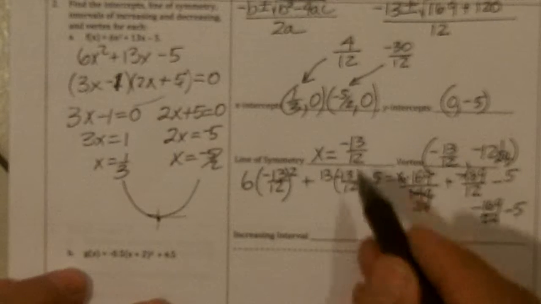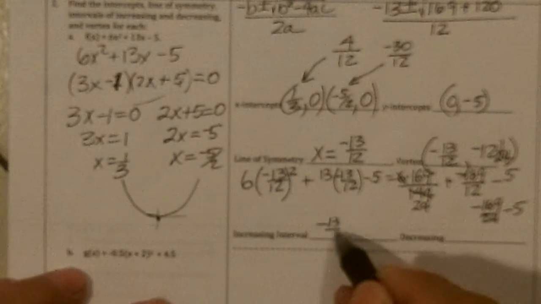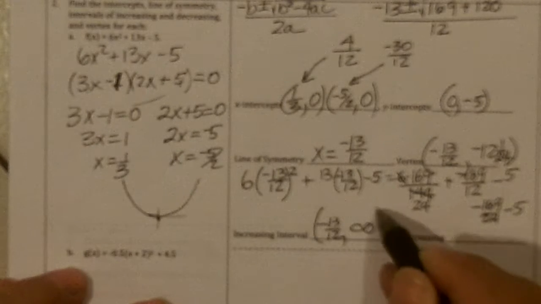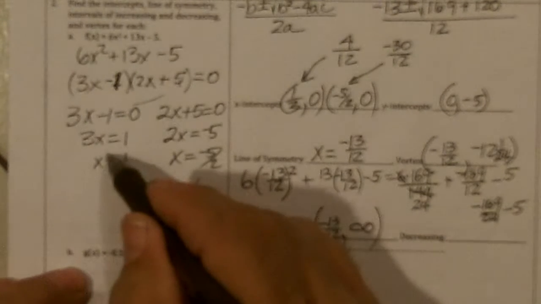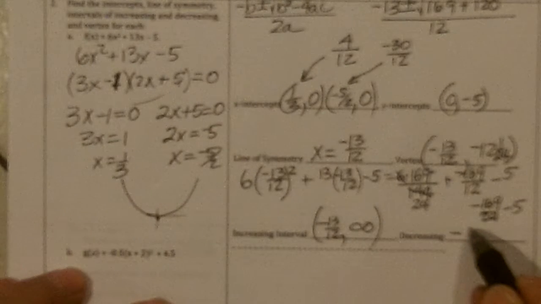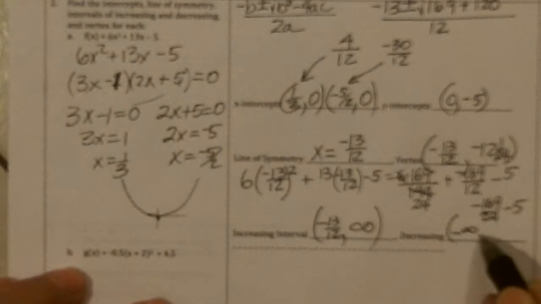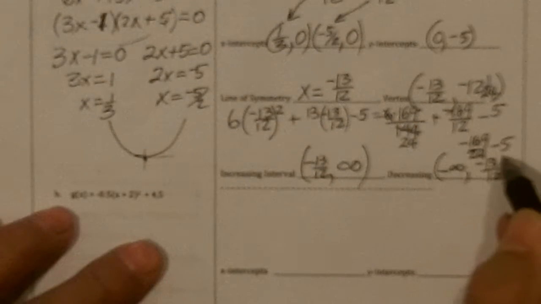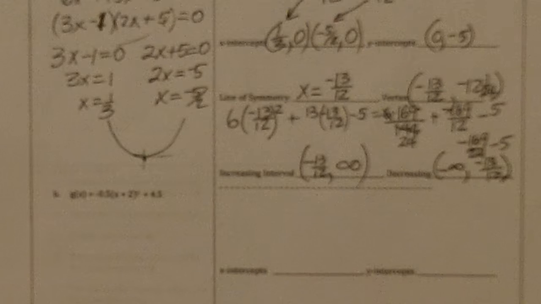So from negative 13/12 to infinity, it's increasing. And it's decreasing from negative infinity up to negative 13/12. So there's that one.